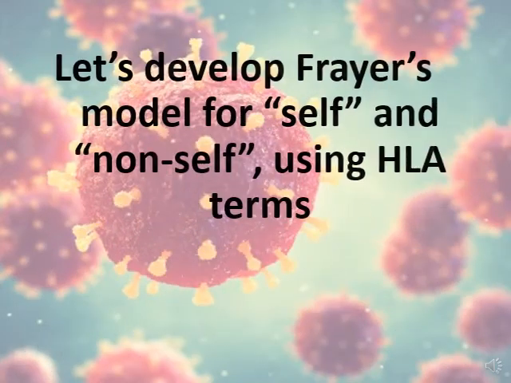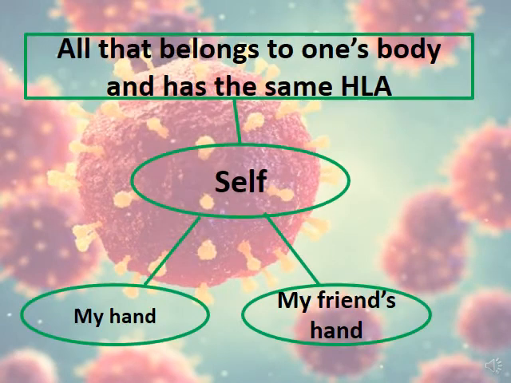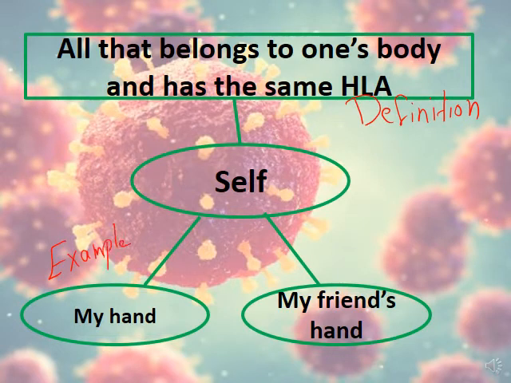So now, let's develop Frayer's model for self and non-self using the HLA. Now, this is the complex definition for the self. Here in Frayer's model, we have the term in the middle, here we have the definition, here an example, here a non-example about them.